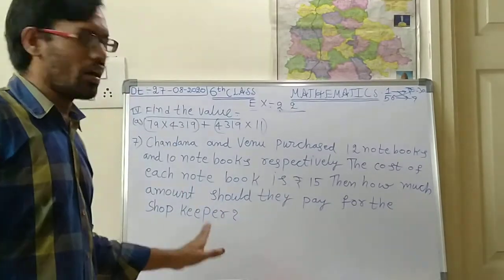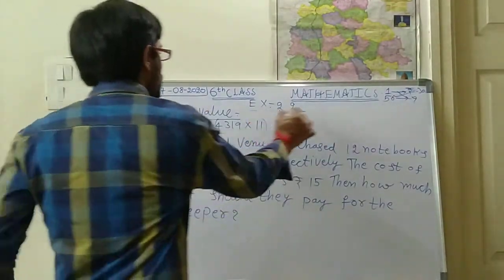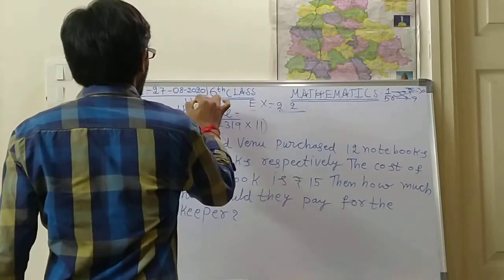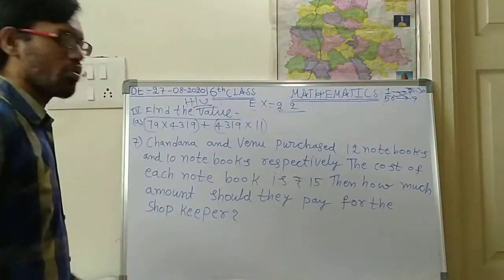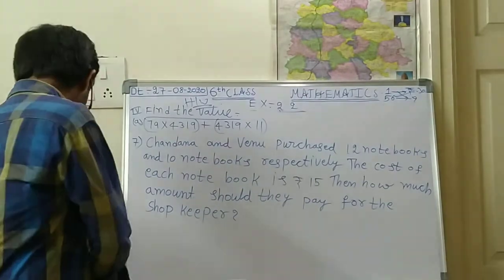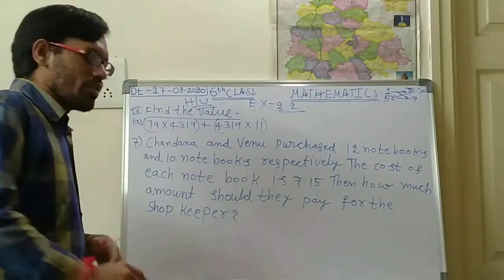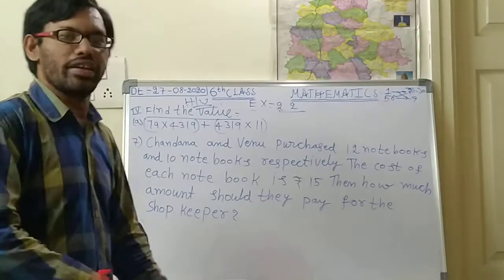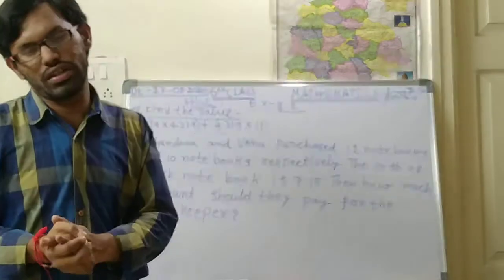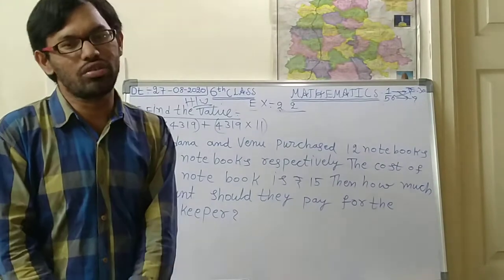Like that you end the answer. Very easy homework only, children. I hope you will do this homework very easily. In the next class we shall go with some more patterns and interesting concepts regarding whole numbers. Thank you for attending my class, children. Have a good day. Thank you.